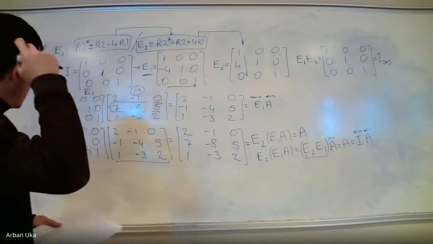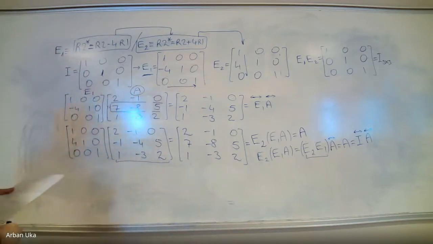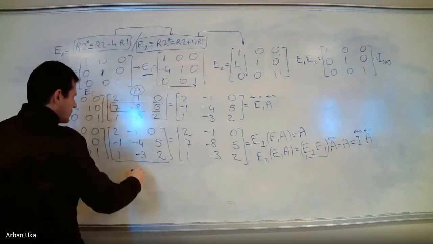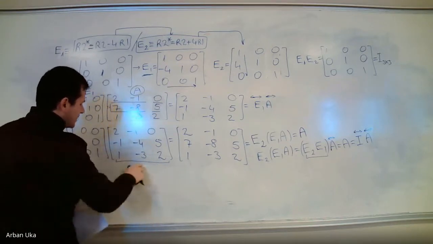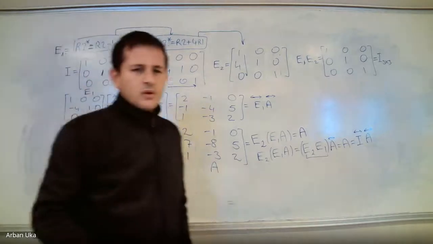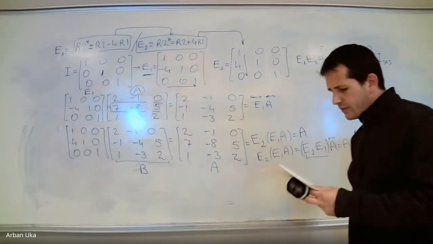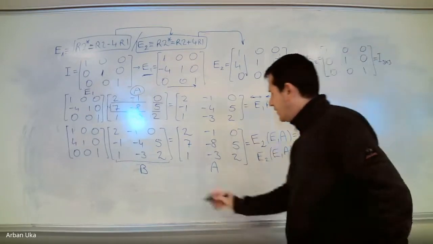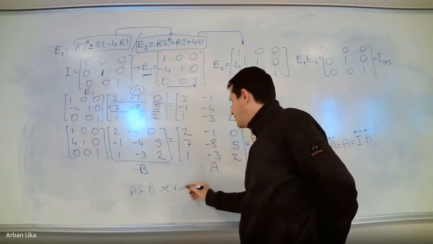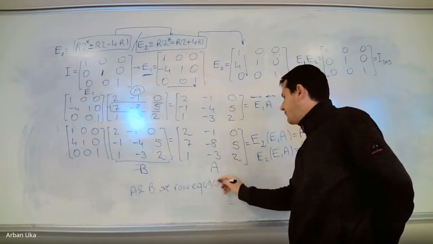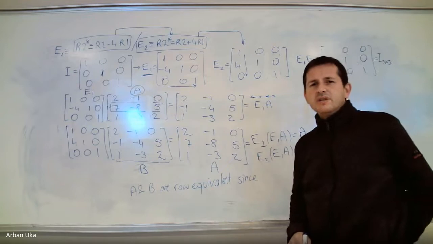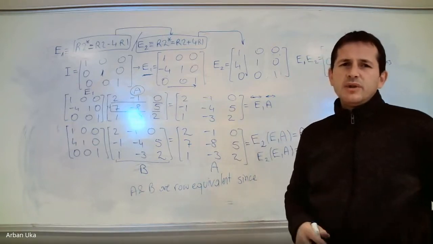Now, let's assume that this is matrix A, or actually we said that this is A, let's not get confused, and let this be B. Now, matrices A and B, we call these row equivalent, because we can obtain A from B. So here we can say A and B are row equivalent, since A and B can be described using a limited number of elementary matrices.